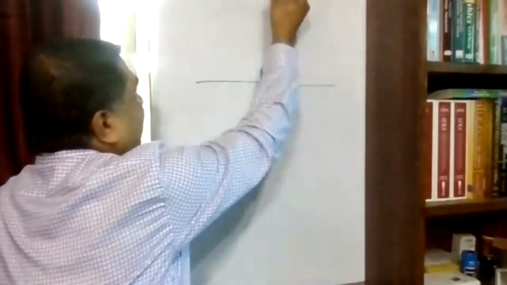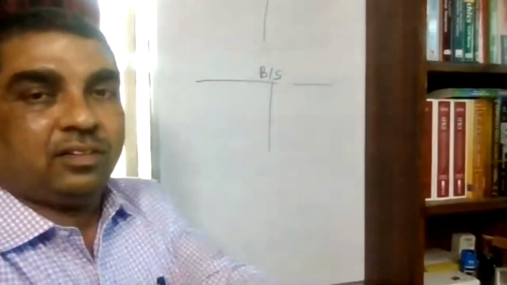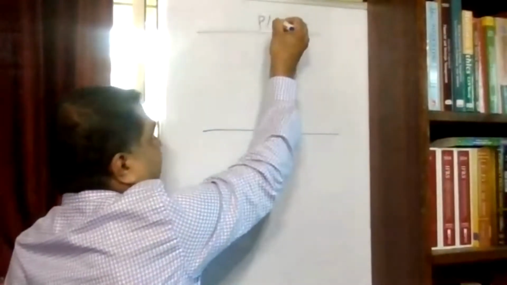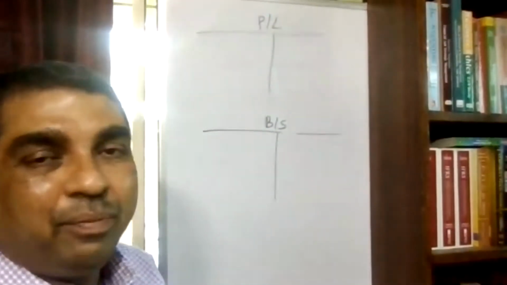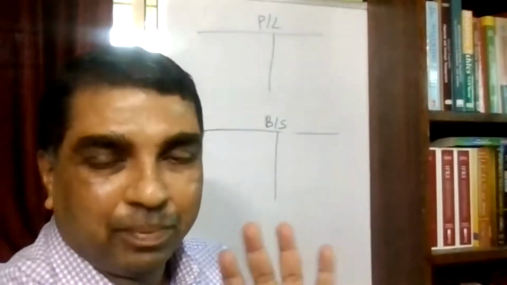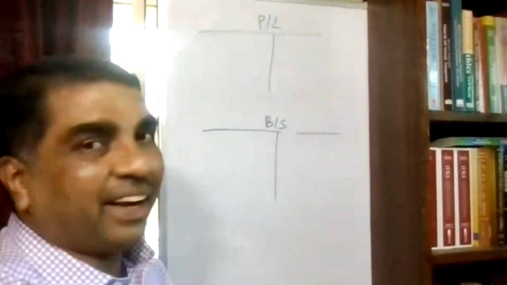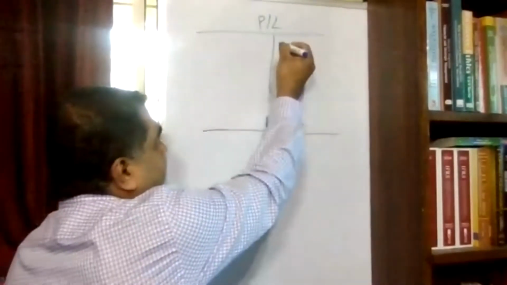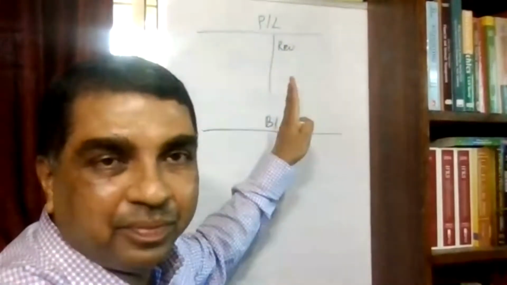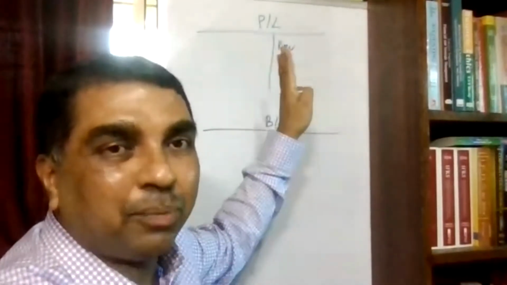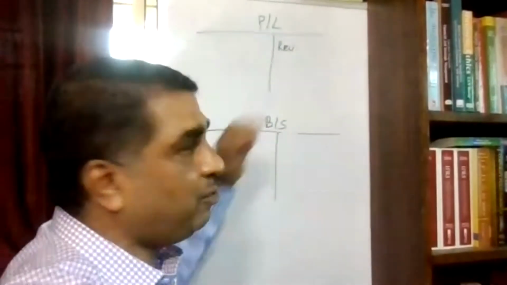Let us say this is my balance sheet, and this is my profit and loss statement. Whenever you are supplying something, you are generating revenue. Let us say you are making sales, you are supplying services. So all revenue will be coming here.